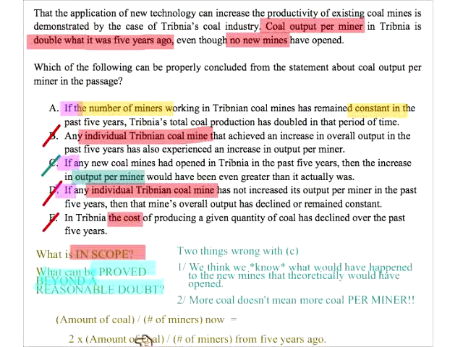You could have different amounts of coal, or the coal might have gone up by 6 times and the miners up by 3 times. That would work. Or the coal might have stayed the same and the miners might have been cut in half. Or who knows. But choice A is saying that the number of miners is constant.